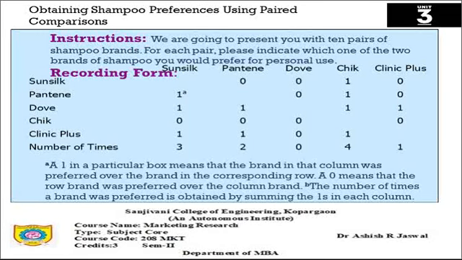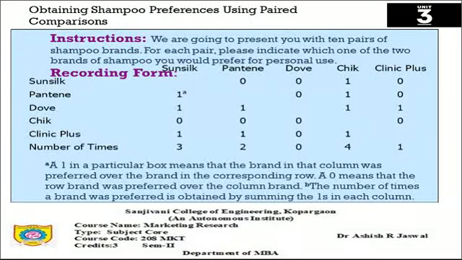And at the end of the row, you have a column called number of times. Add the number of ones written: 1 plus 1 plus 1, 3 in the first. The number of times the brand was preferred is obtained by summing the ones in each column. Here Sunsilk is preferred 3 times.